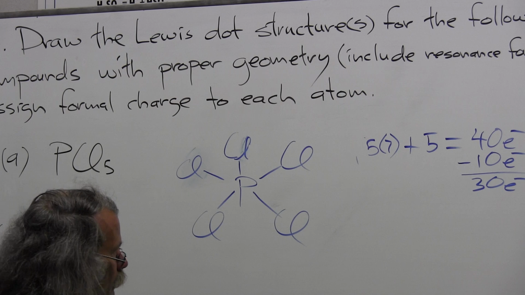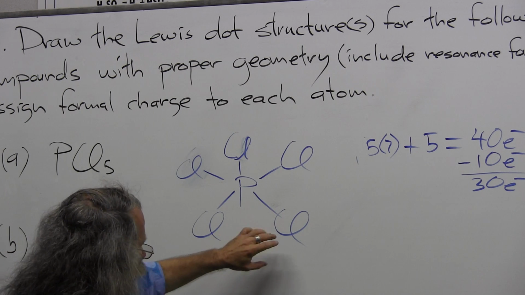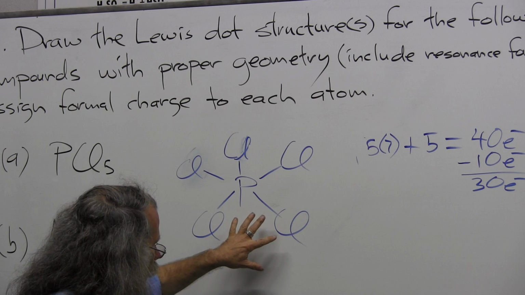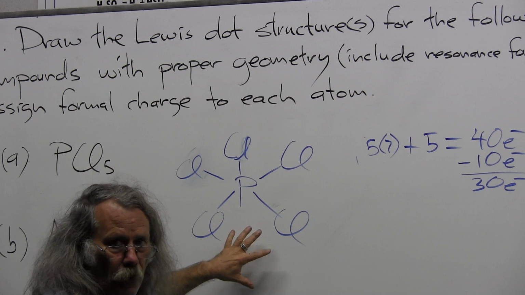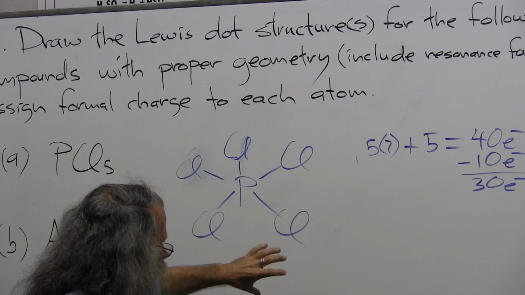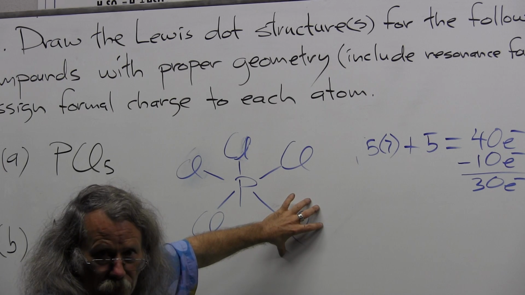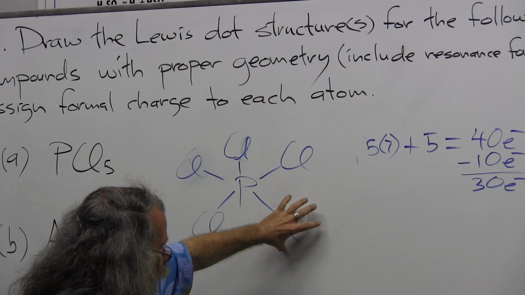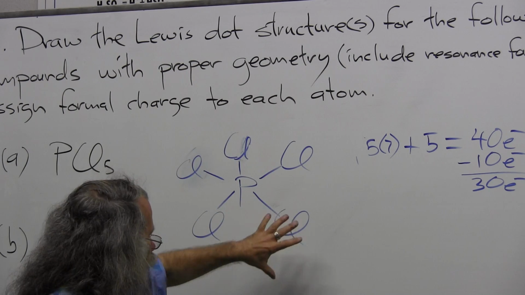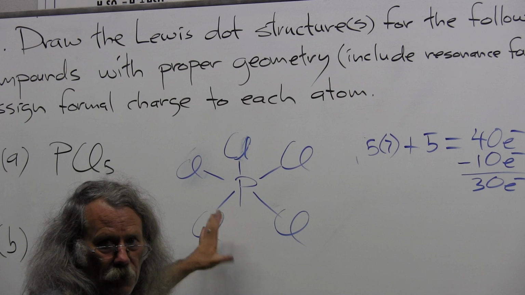But right now it's a simple matter: in this and every compound we're going to draw from now on, the outer atoms are going to be 6 electrons short of an octet. So that means 6 electrons times 5, which is going to take all 30 electrons, 6 times 5 being 30.